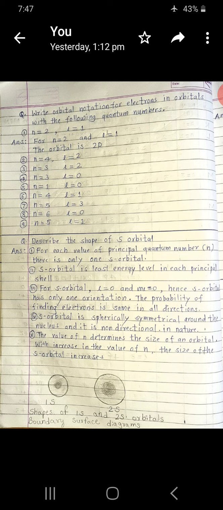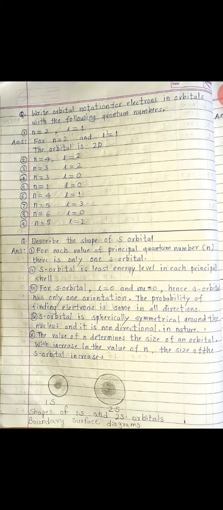Okay. Next question is, describe the shape of s orbital. We have seen four types of orbitals, s, p, d, f. These are subshells. Okay, so different subshells. The s subshell contains only one orbital, that is the s orbital. The p subshell contains 3 orbitals, px, py, pz.